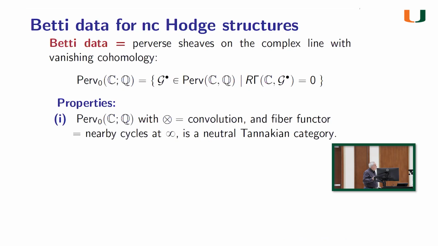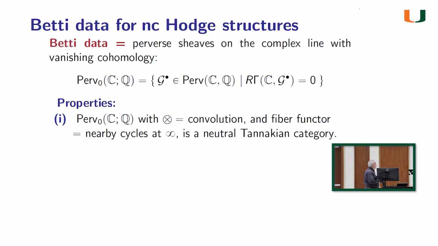It's a category. It's a very interesting and rich category. It's a Tannakian category. It has a tensor structure, which is the convolution of perverse sheaves on the line for the addition.